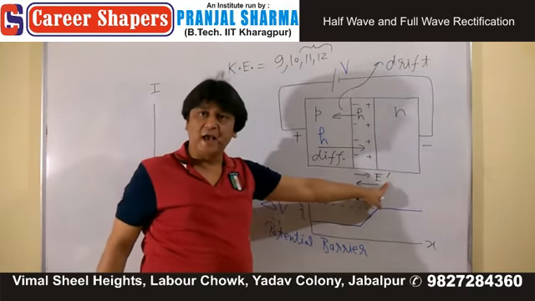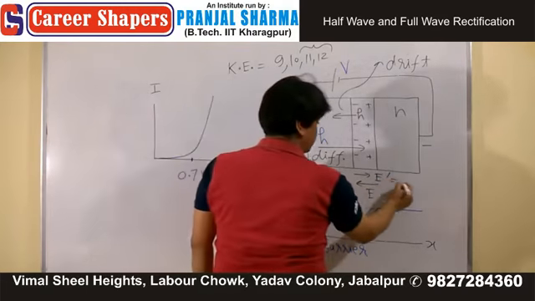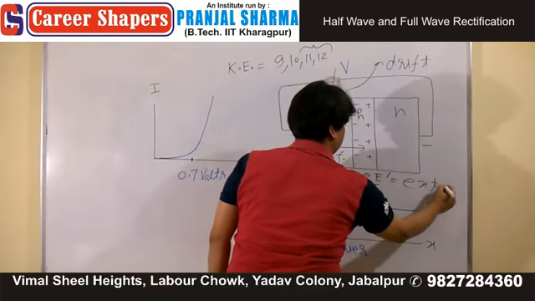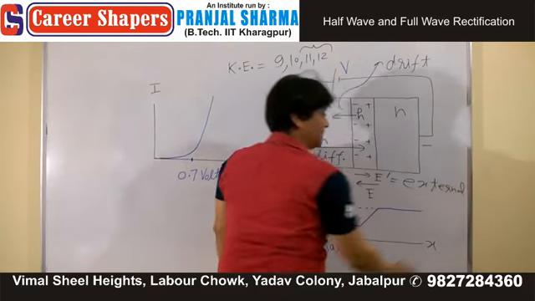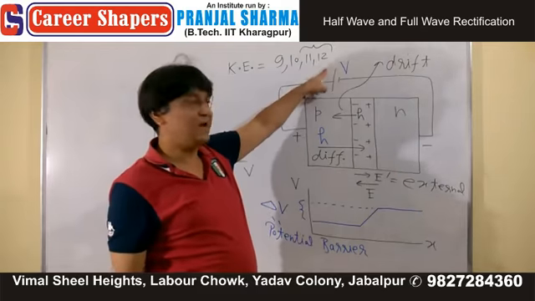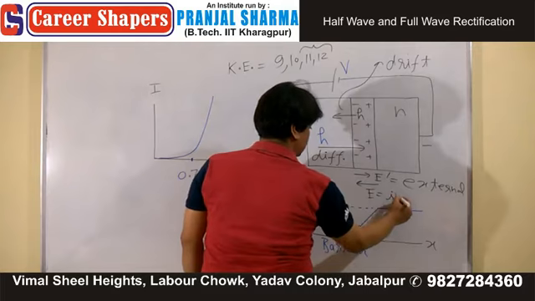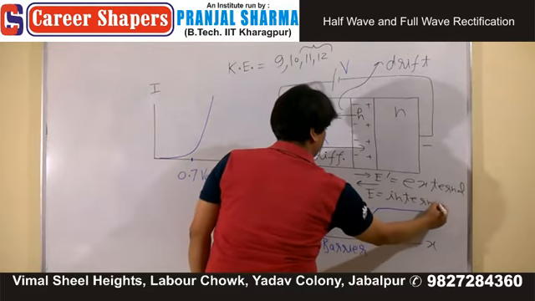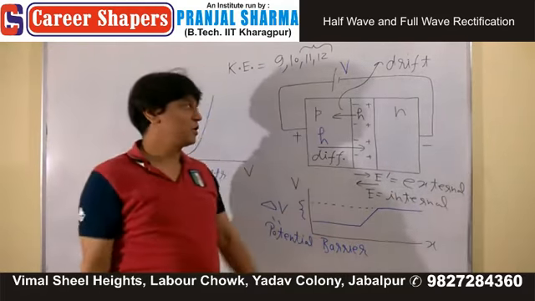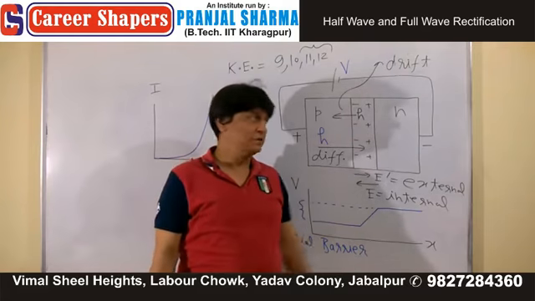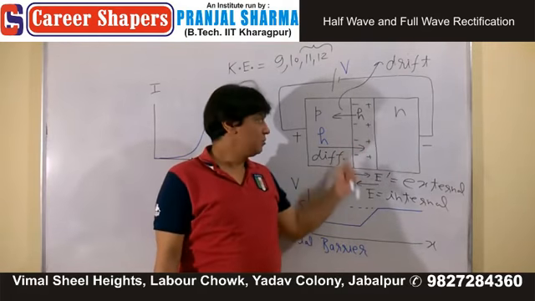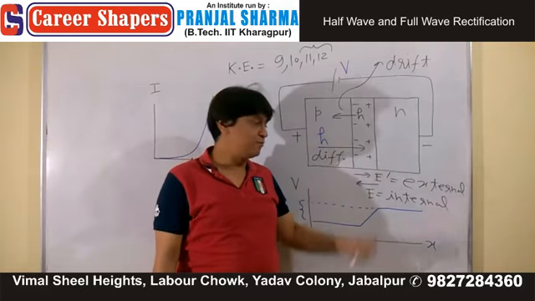Let's call it E dash. This E dash is the external, external means because of the external source. This E is the internal, internal means because of the diffusion, because of the depletion layer, because of these charge developments.